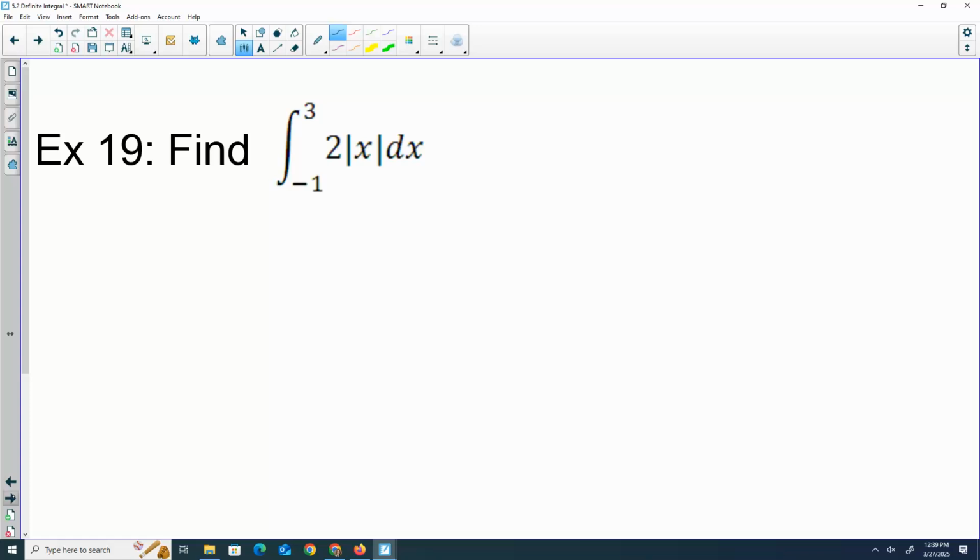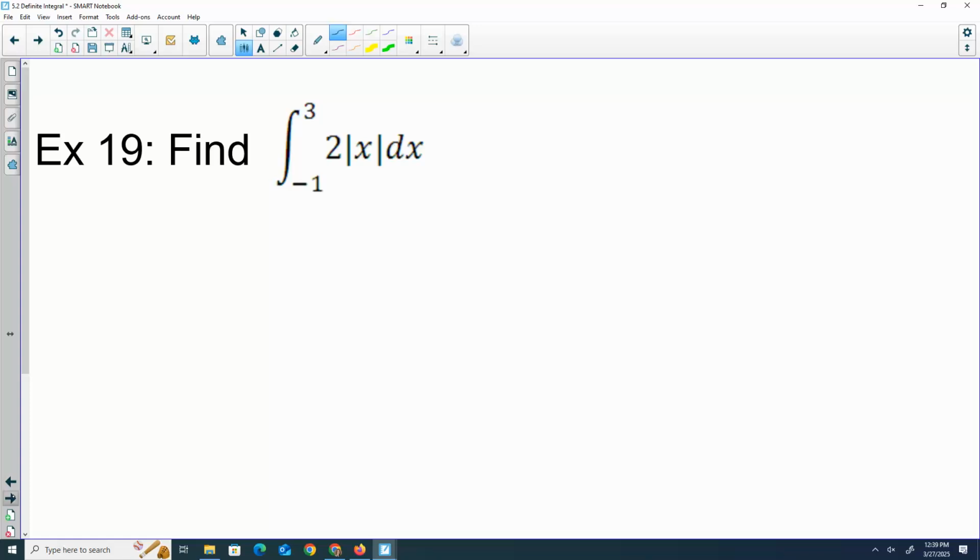So if I asked you to find the integral from -1 to 3 of 2 absolute value of x dx. Anytime we have an absolute value, what do I make you do? Piecewise function. Yep, we rewrite it as a piecewise every single time.